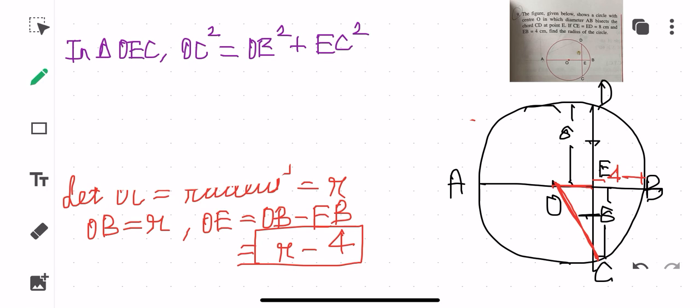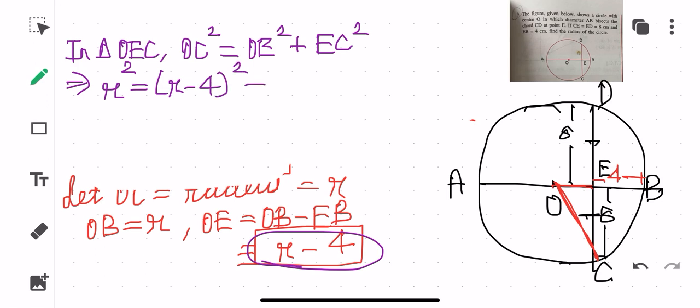Now how much is OC, children? OC you have assumed as R. So you will be writing R square is equal to OE, which you have calculated as R minus 4. So write down R minus 4 whole square plus EC, which has been given as 8 square. Okay, so you just have to solve this now.